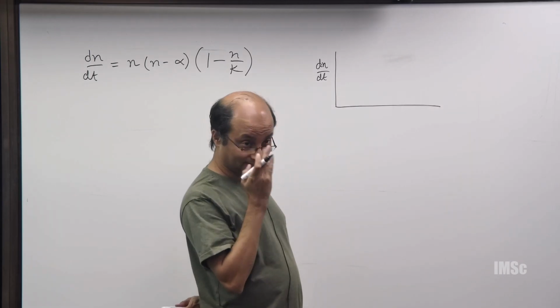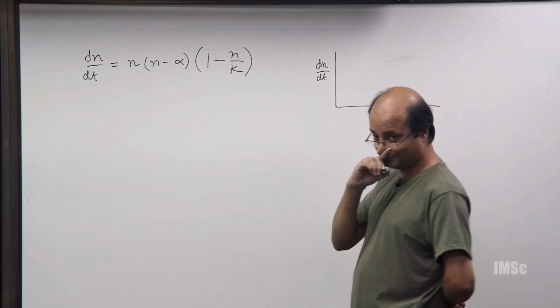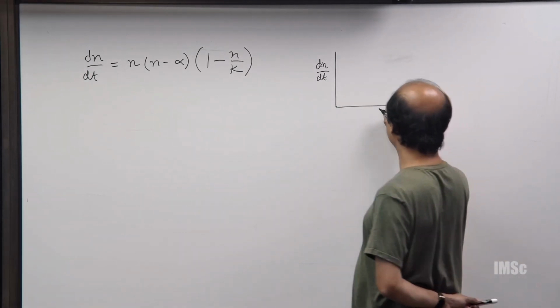A cubic polynomial. So what are the roots? 0, alpha, and K. It's a bistable system. So that means how does the curve look?